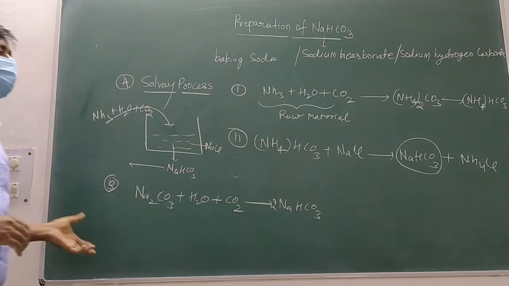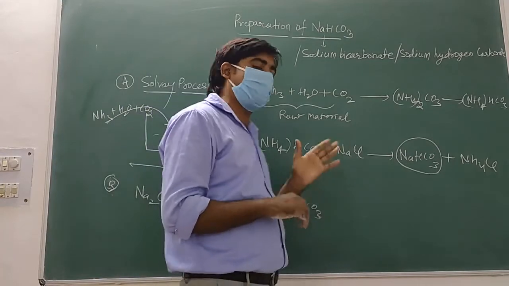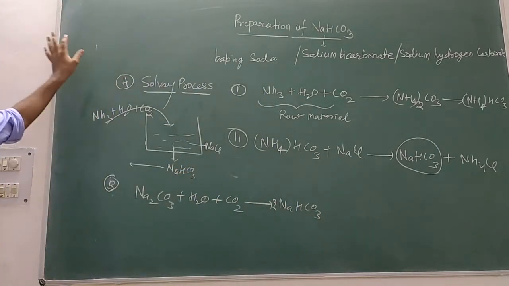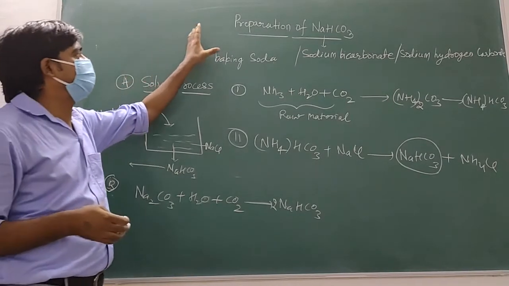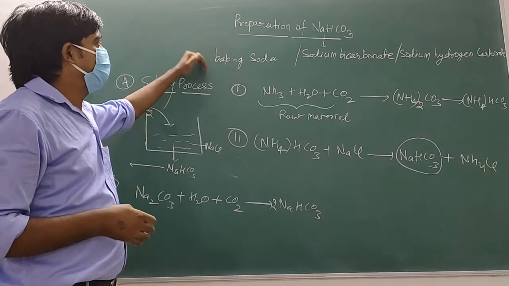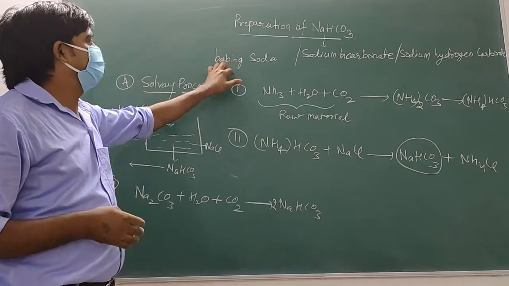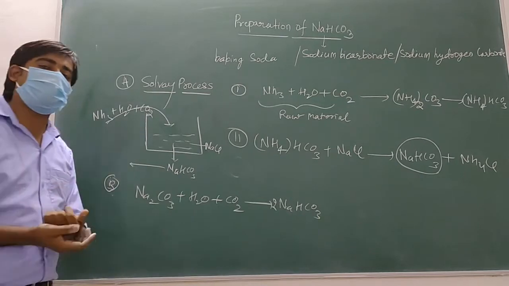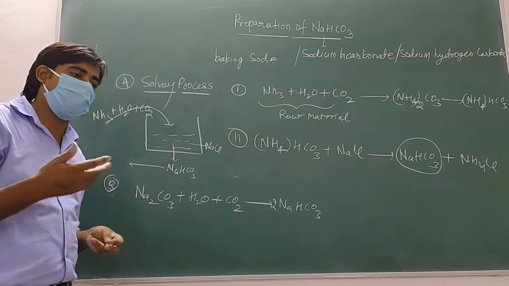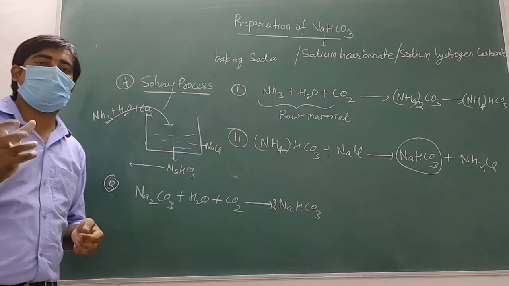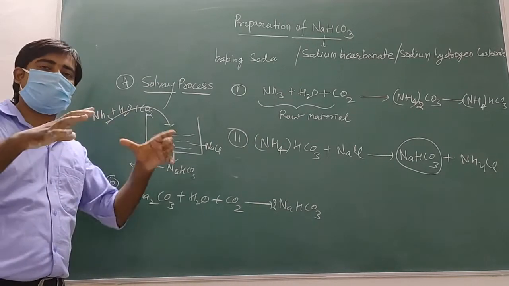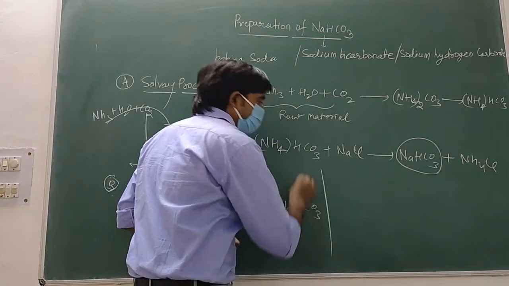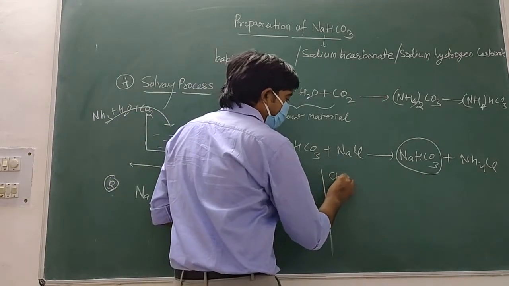Now we are going to discuss the chemical properties of sodium bicarbonate or baking soda. All are the same, just the name is different. I have already explained why it is known as baking soda: when it decomposes it releases carbon dioxide bubbles, and when it reacts with pastry and cakes, it creates holes on the surface.